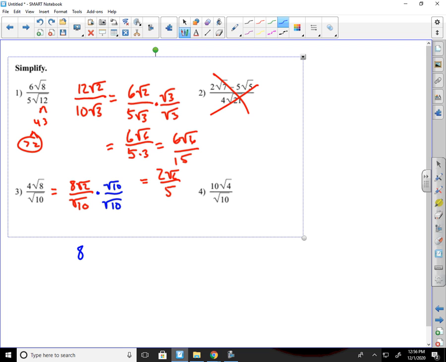It's going to give me 8 root 20 over 10. I can simplify this top root. 20 breaks down to 5 and 4, so I bring a 2 out in front. That's 16 root 5 over 10, which gives me 8 root 5 over 5.